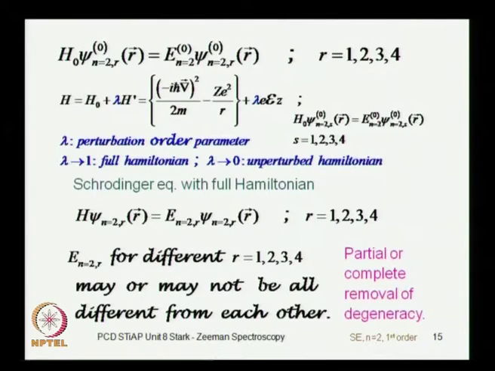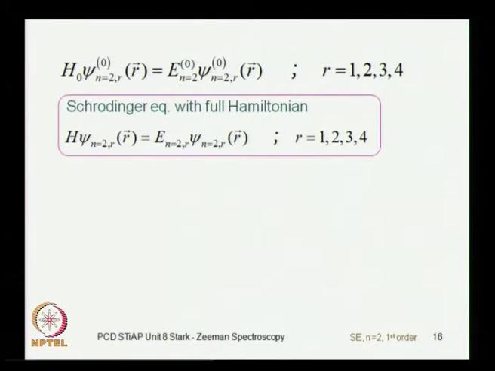The degeneracy may be removed either partially or fully, and that is something that we will have to take into account. In fact it will turn out that the degeneracy is not fully removed, but it is partially removed, and that is good because it reduces our problem considerably.